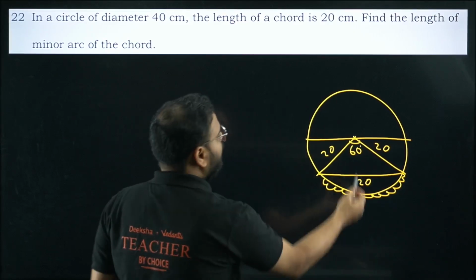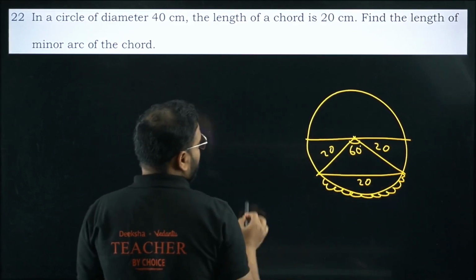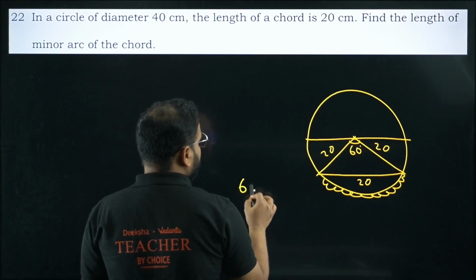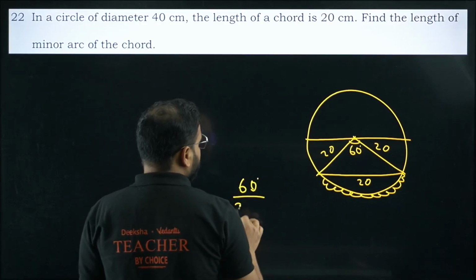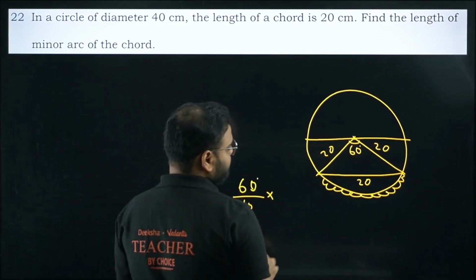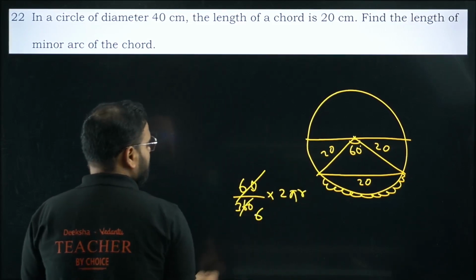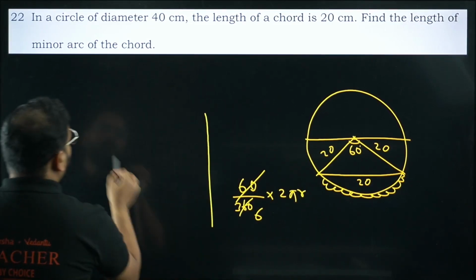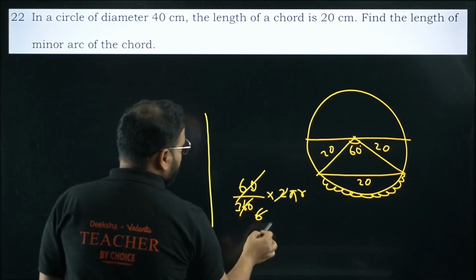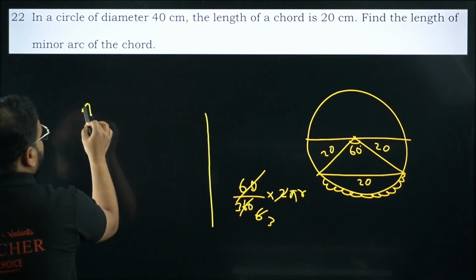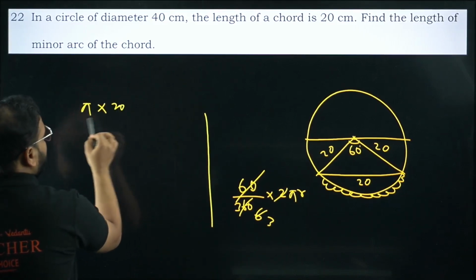Then to find the length of the arc, we write it here as 60 degree. 60 by 360 into 2 pi r. This will be nothing but 6. What I get over here is again we can cancel over here. This will become 3. I'm getting pi into 20 by 3.